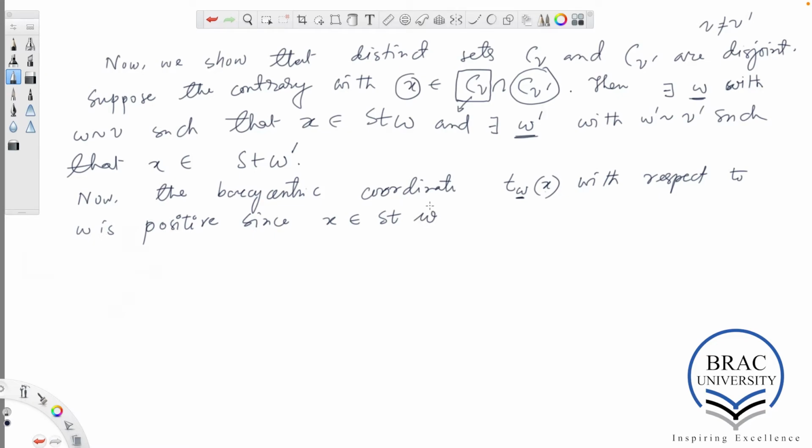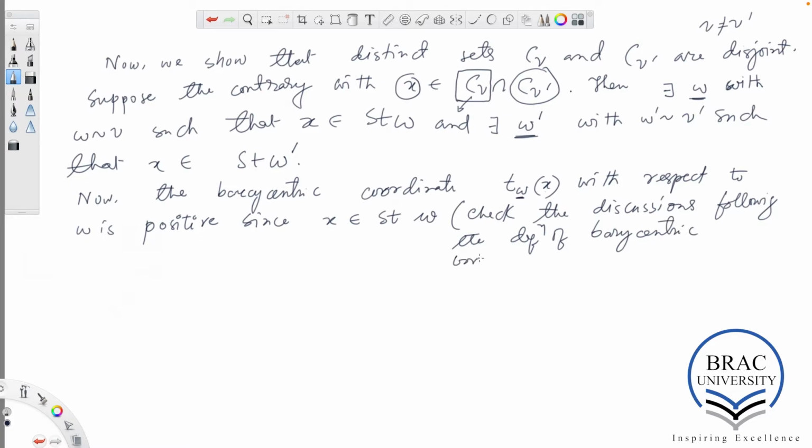So check for the detail of these things, check the discussions following the definition of barycentric coordinates on pages 20 to 21 in Munkres, the book which we are using as the reference text.